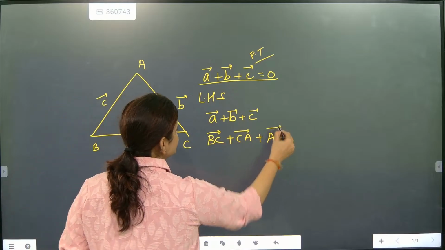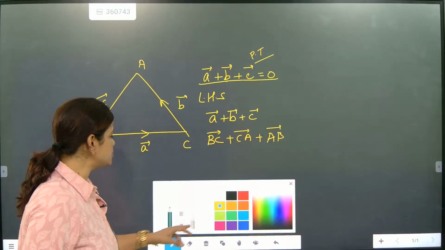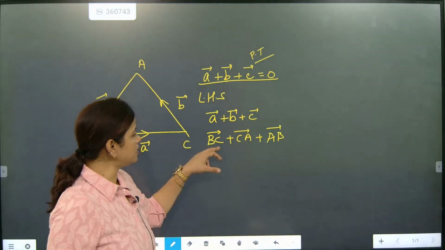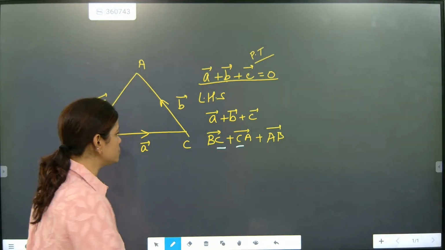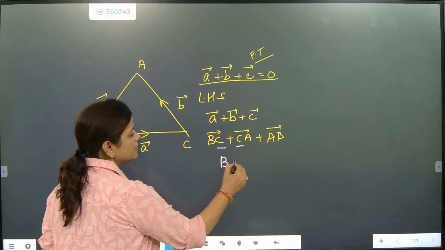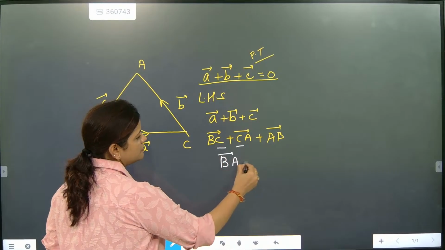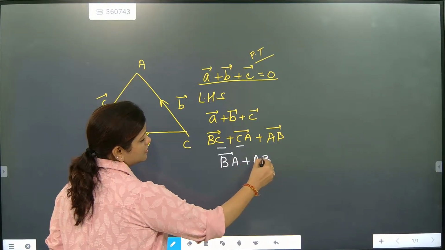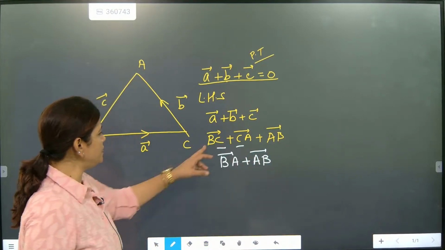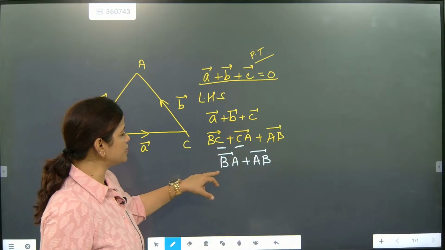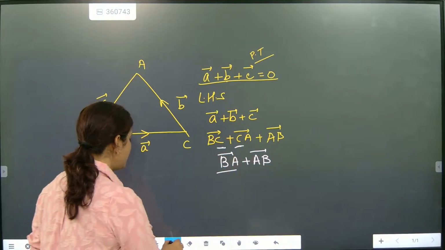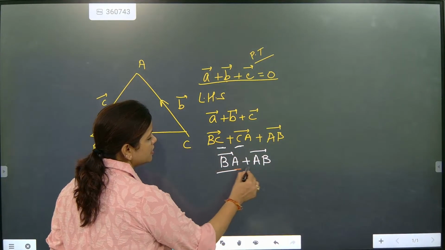I told you the initial and terminal points will merge together. So this terminal and initial will merge together. What will it become? BA vector. Now B and B merge together, so it is coming as BA vector. Now here A and A will merge together. What will come?